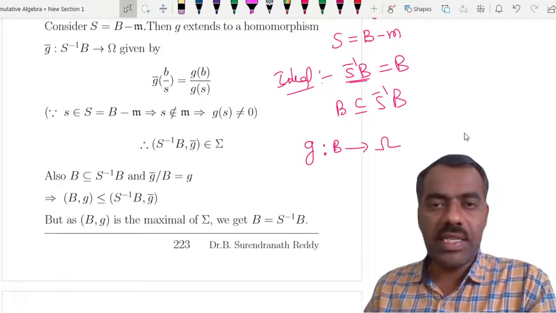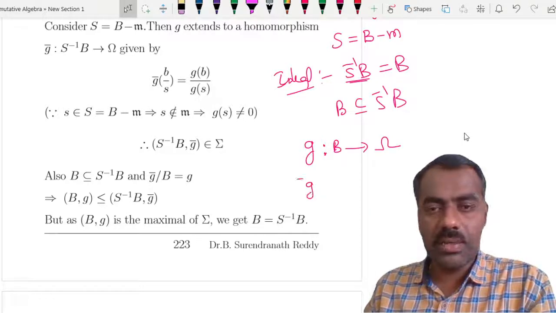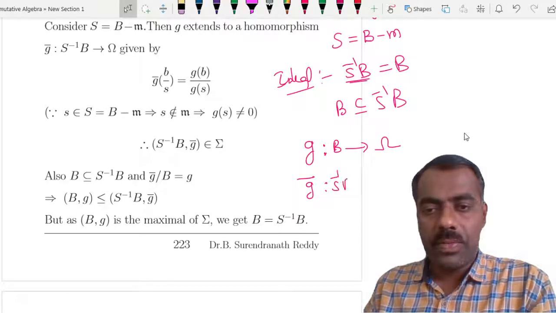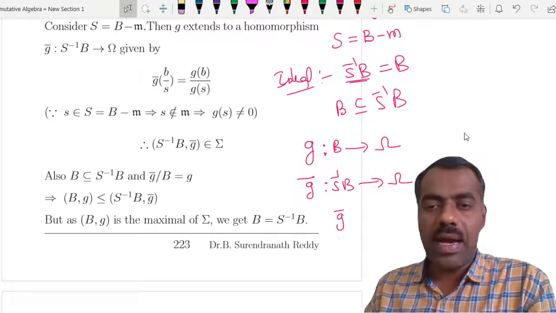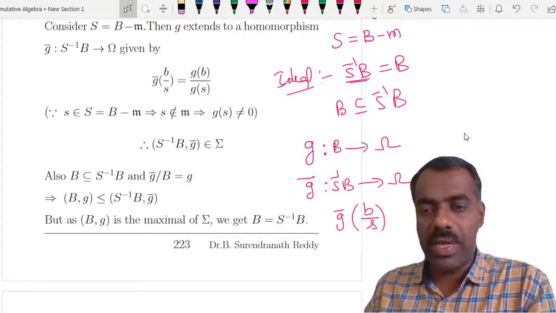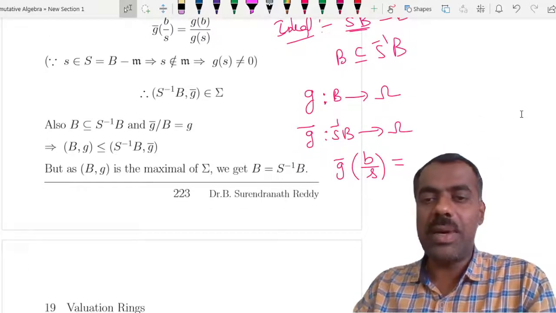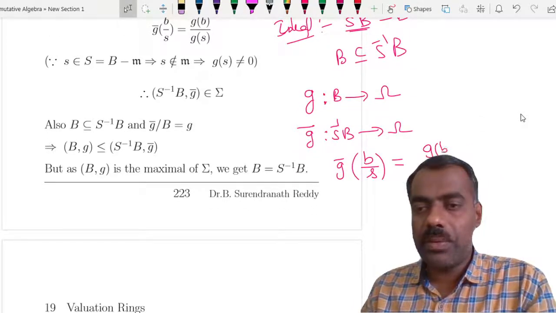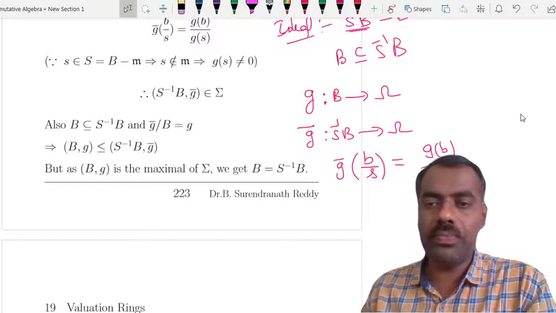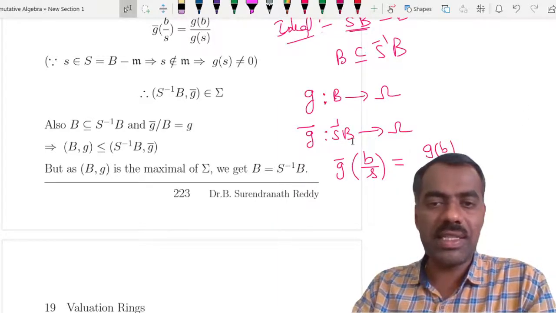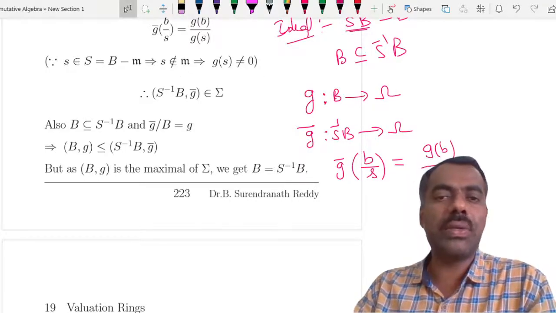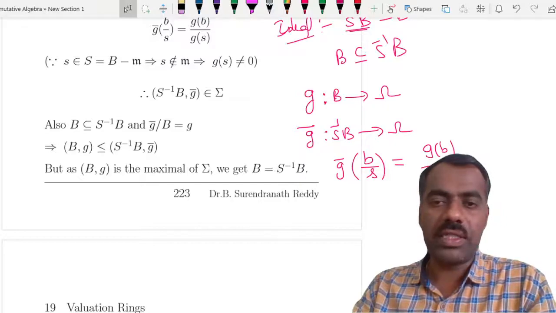So G extends to a map G bar from S inverse B to omega, by defining G bar of B upon S as G of B upon G of S. Then you can make sure that G of S is non-zero because S is in B minus M. So this is a well-defined function, right?